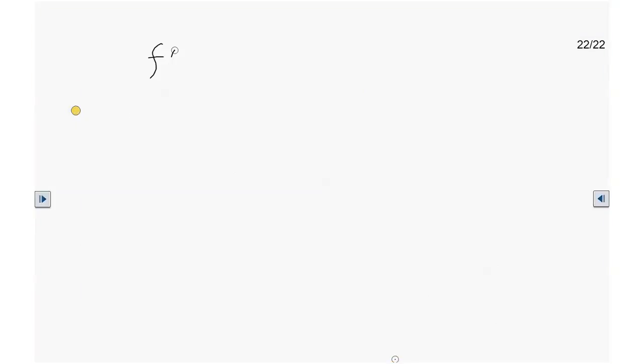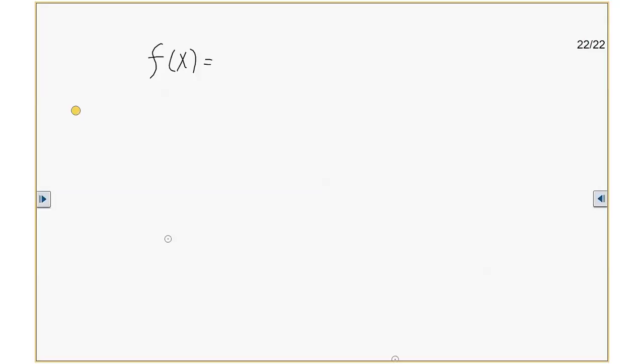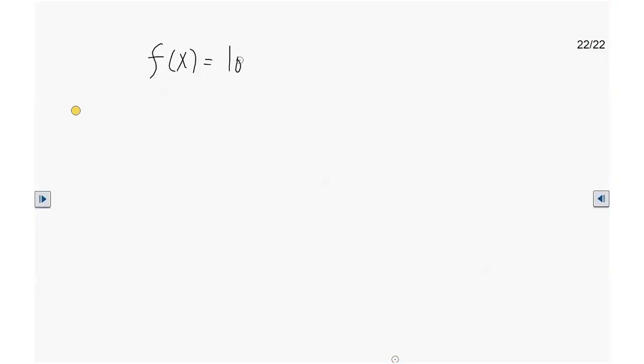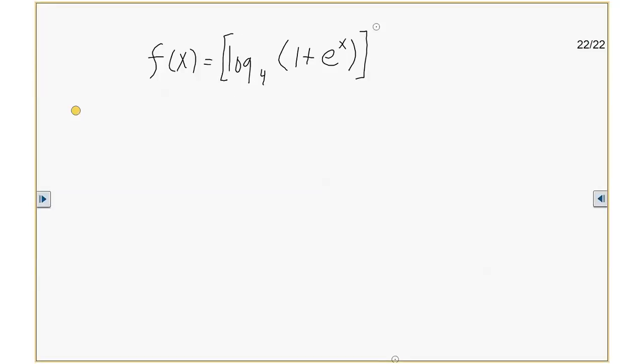Exactly. F of x is equal to log base 4 of 1 plus e to the x, brackets second power. Chain rule. That's all there is to it. Now you're going to have to take the derivative of log.